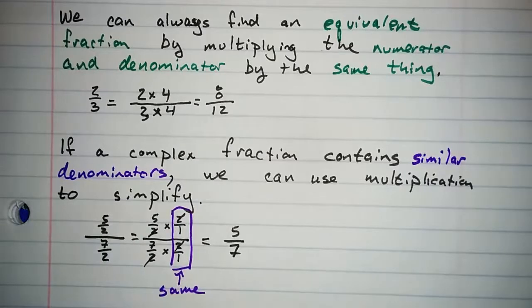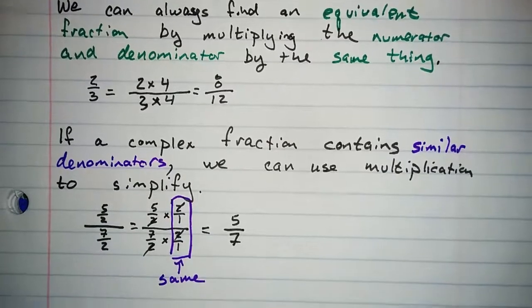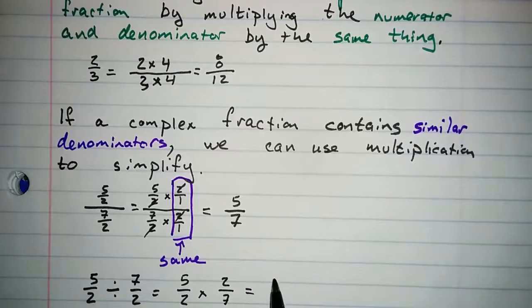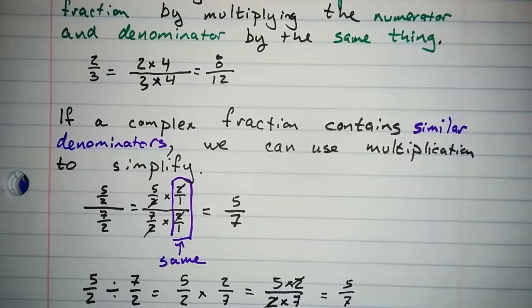Of course, this example would be just as easy to simplify by dividing, right? 5/2 divided by 7/2 is 5/2 times 2/7, which is 5 times 2 over 2 times 7. Again, the 2's cancel, and we get 5/7.